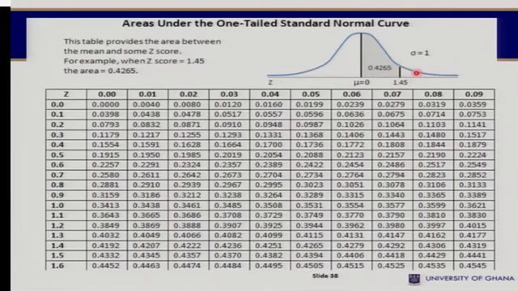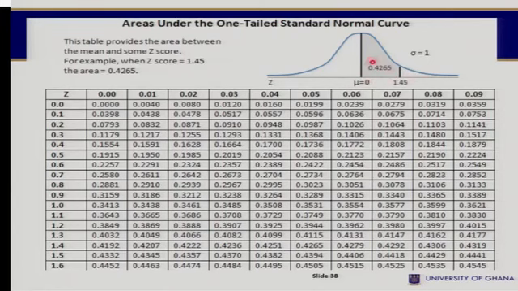So even if you want this area, which is unshaded, to the right of 1.45, and you are using this particular table, all you do is find the shaded area and subtract it from 0.5, because the whole area to the right of mu equals 0 is 0.5.